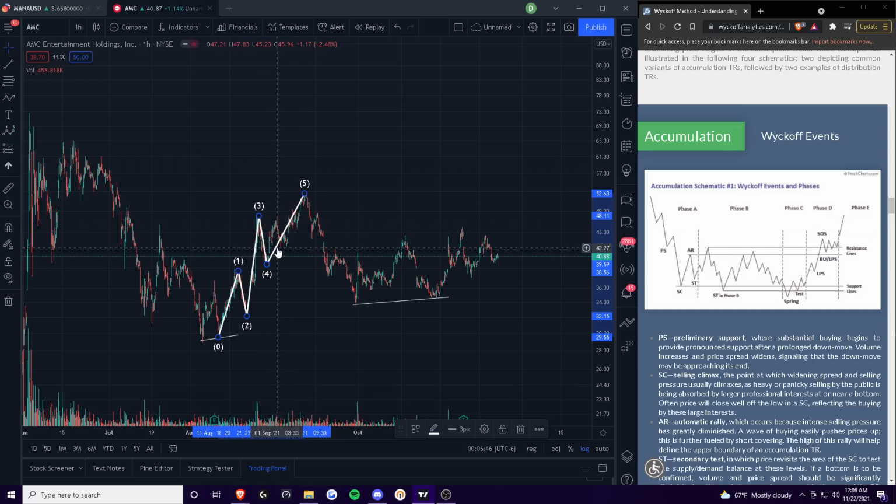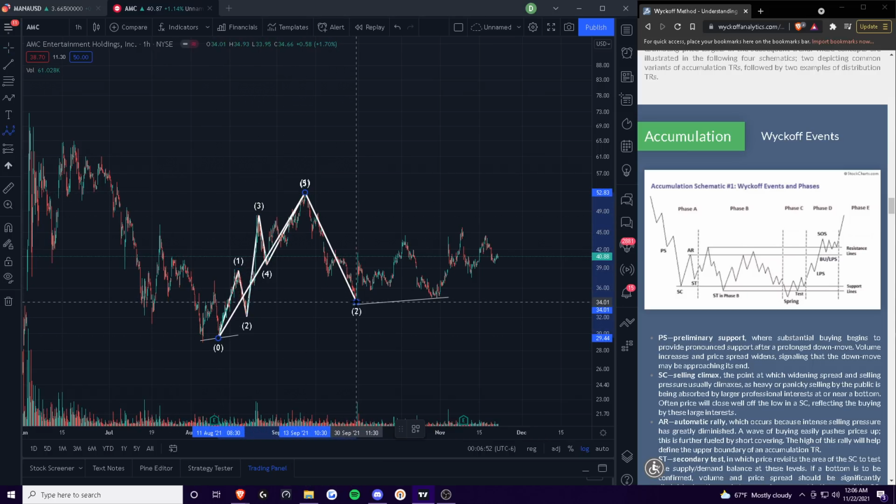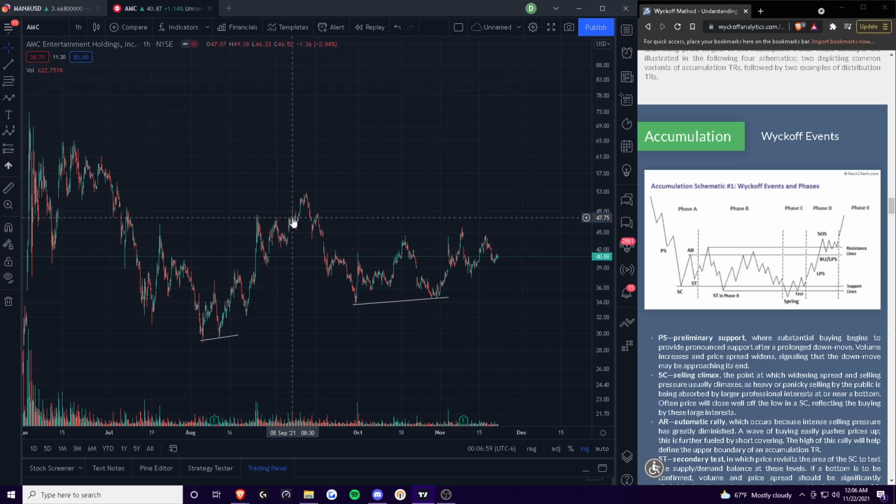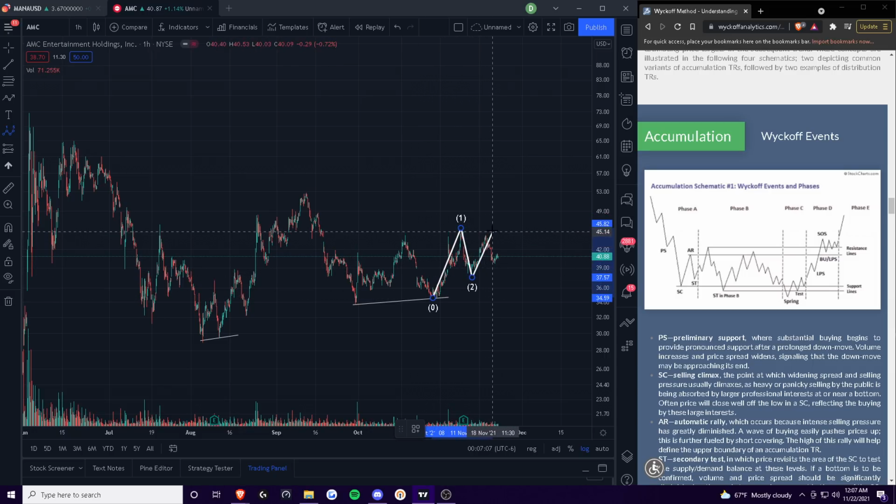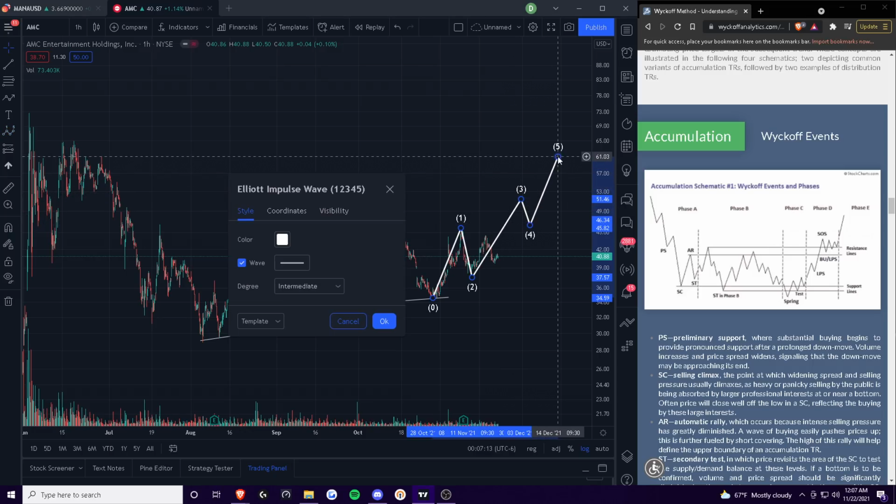And so what I was saying was this whole thing could have been a wave 1, and then a wave 2, corrective wave, and then we would be going into a wave 3. I don't think that's the case anymore. I think that what you've done here is a double bottom, as I said before. And so what I think is going to happen now is this was a wave 1, this was a wave 2, and you're going into your wave 3, impulse wave, and then a corrective wave down, and then a wave 5 up.